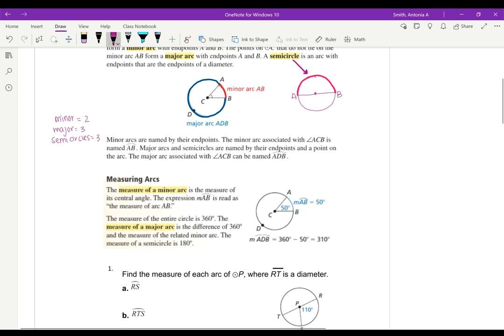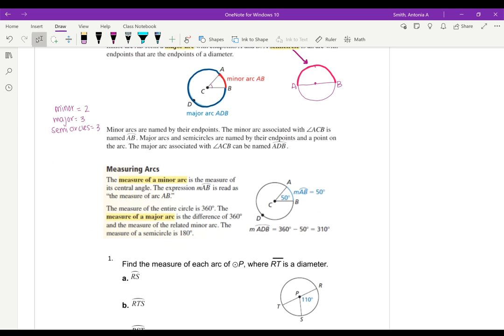Okay. Let's talk about measuring arcs now. So the measure of a minor arc, which means how many degrees it is, is the measure of its central angle. So whatever angle is in the middle there, that's how big a minor arc is. So the expression M and then arc AB is just read as the measure of arc AB.